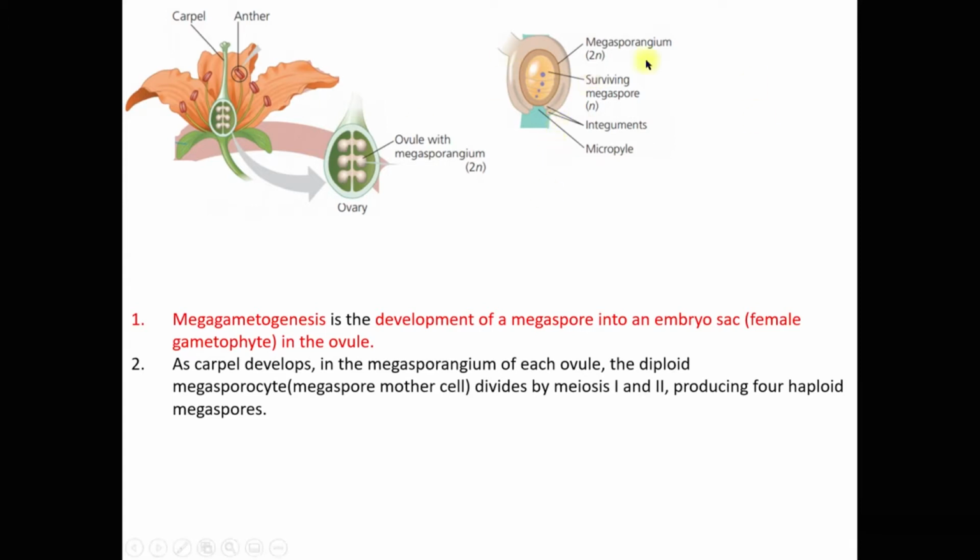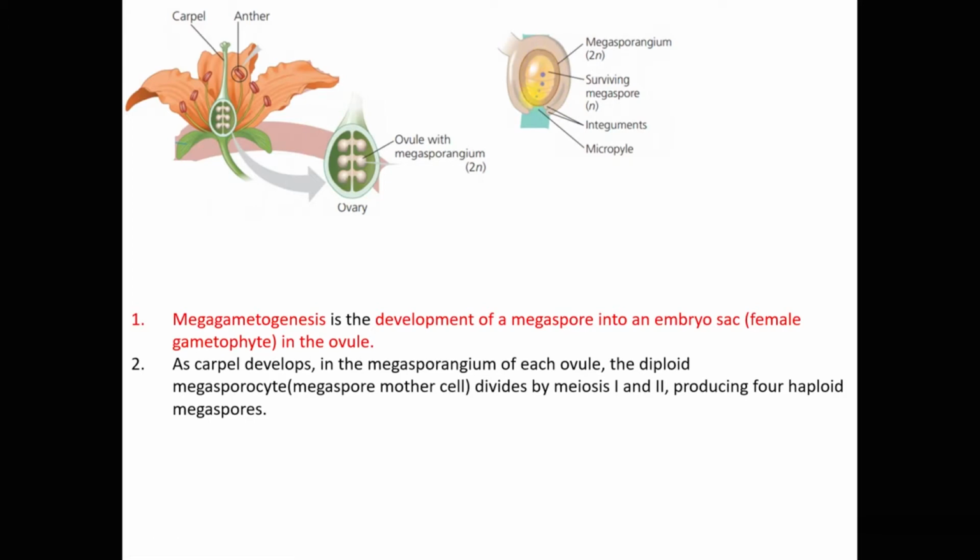Now let me rephrase that. This is the megasporangium, which can be found inside the ovule. This megasporangium has megasporocytes.